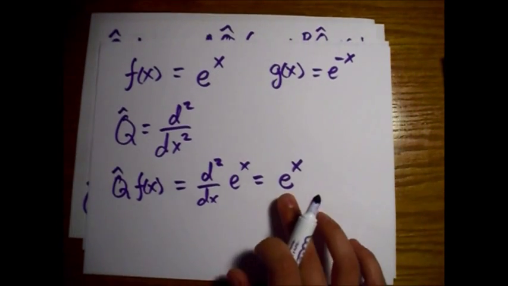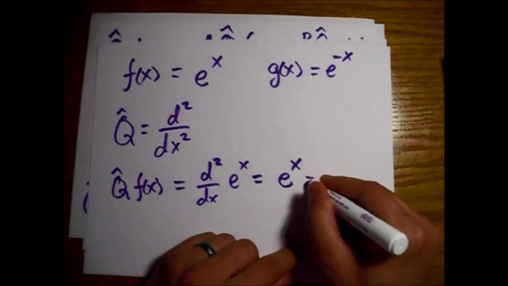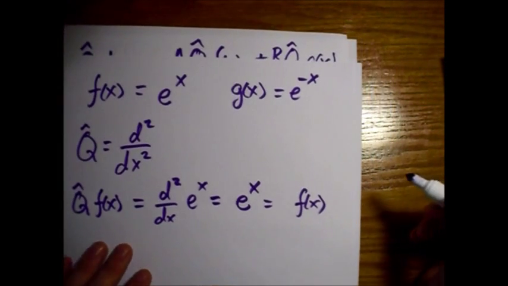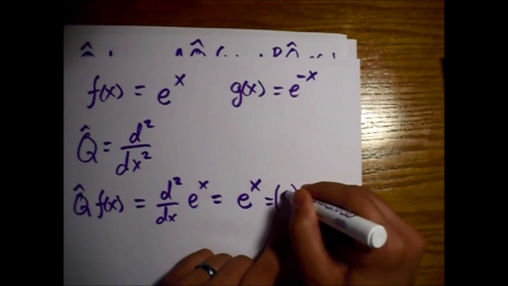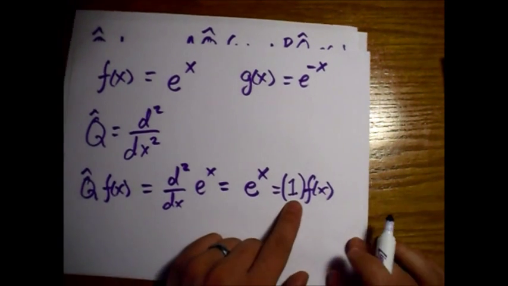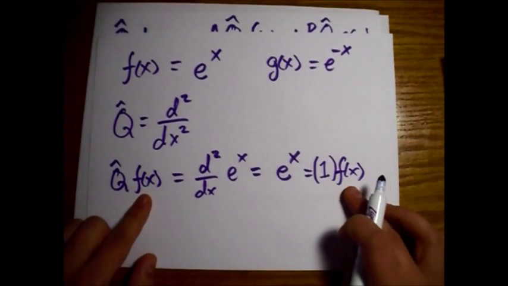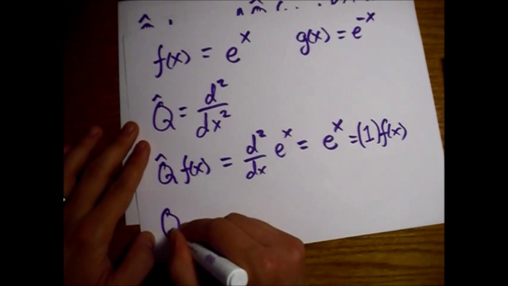So this is just equal to e to the x, which is equal to f of x. And so imagine we have 1 right here: 1 is the eigenvalue for this eigenfunction. So now we want to check the other one.